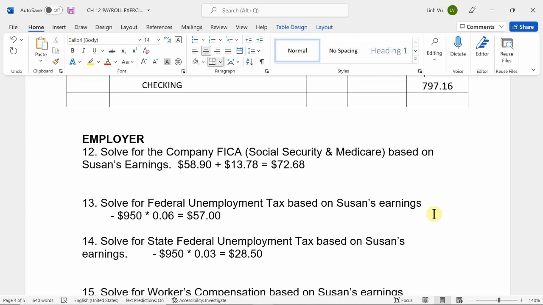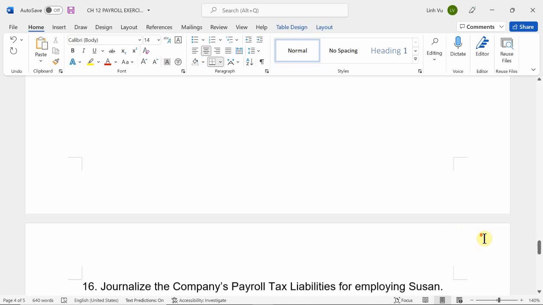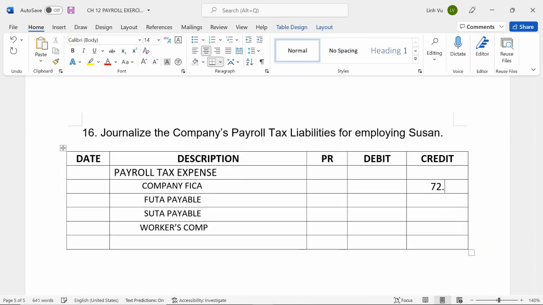That's not gross pay. We need to add the 72.68. 72.68 is the company FICA.